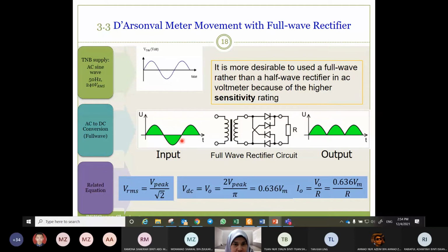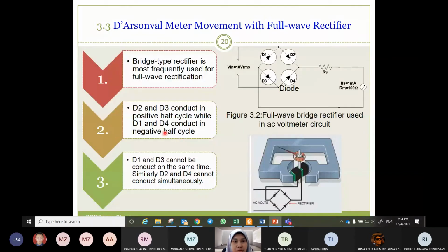During the negative half cycle, the signal is in the negative direction. So during the positive half cycle, D2 and D3 conduct. Current flows through D2, then goes to RS, to the PMMC, and then to D3 and back to the supply.